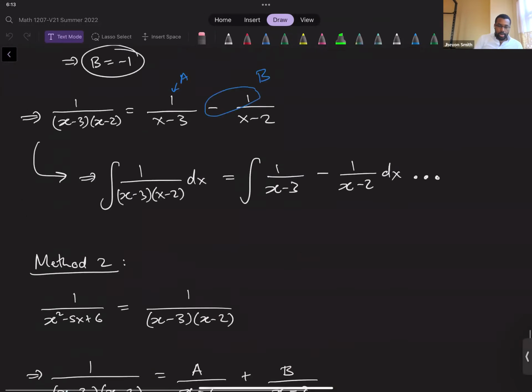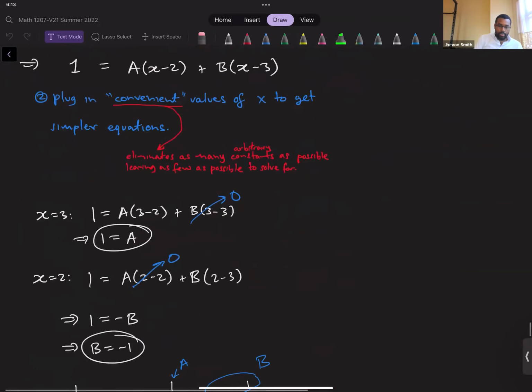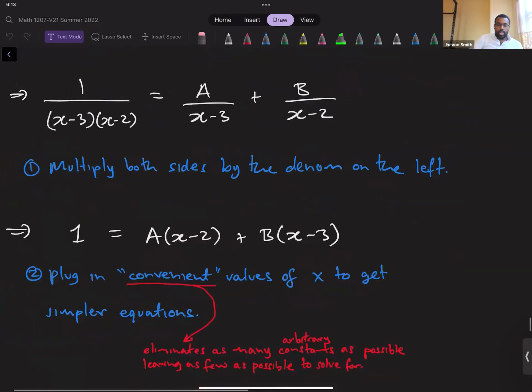It's worth mentioning that method 1 can devolve into something like that. For example, here, if I were to plug in an x value that doesn't eliminate one of the expressions, I would just get something with a and b in it. And I can do that twice and get a system of equations. So you still have that option here.